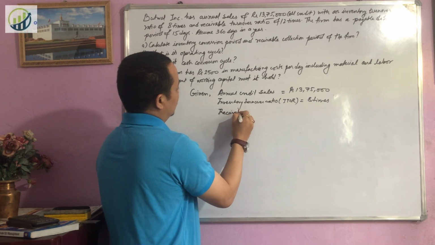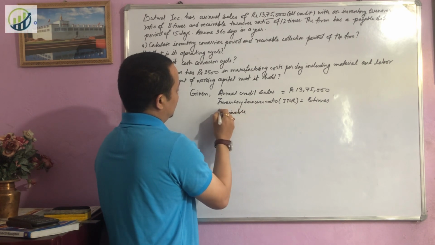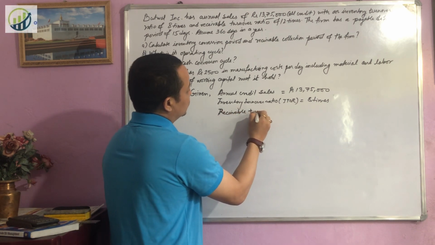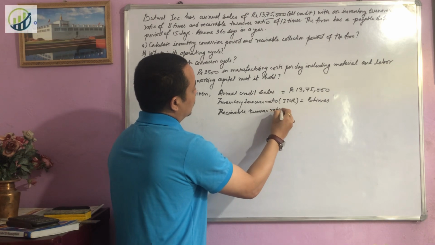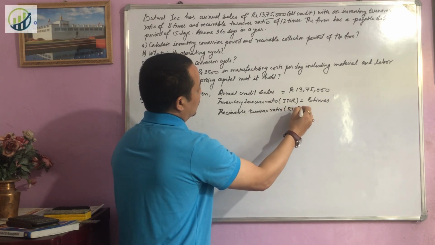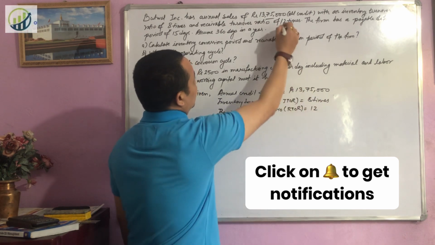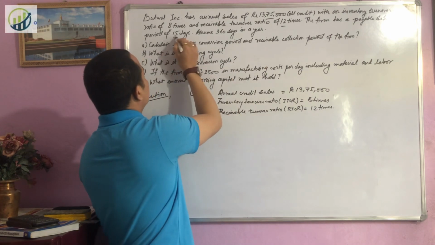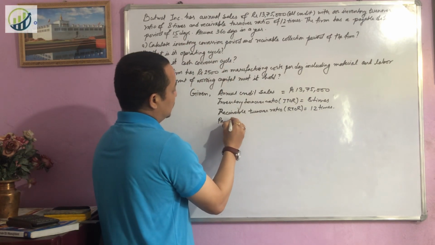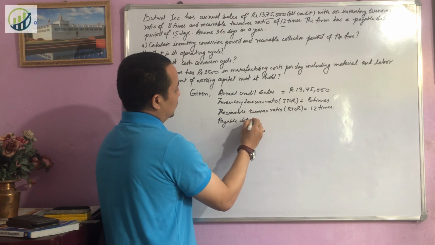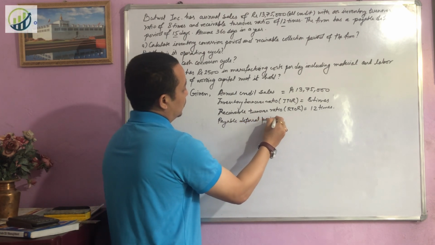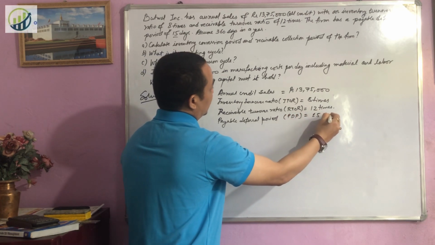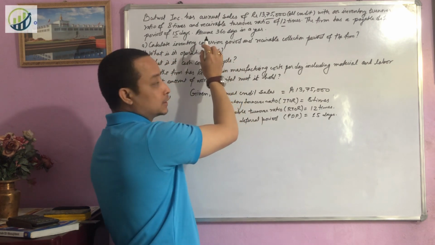Receivable turnover ratio, this is your 12 times, and payable deferral period is 15 days. And one more information is given here.